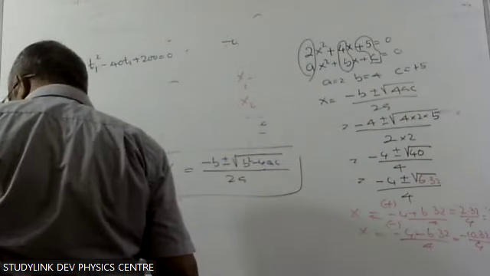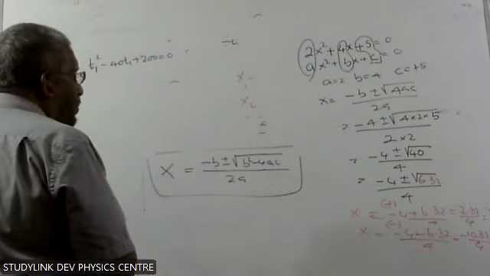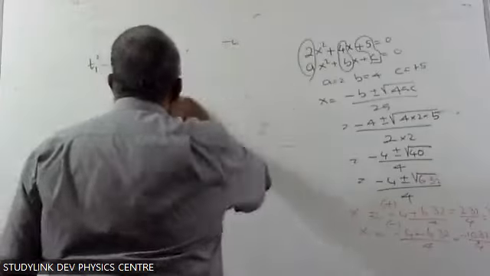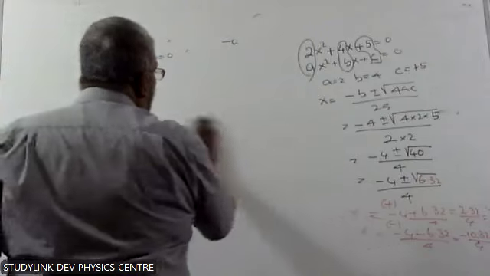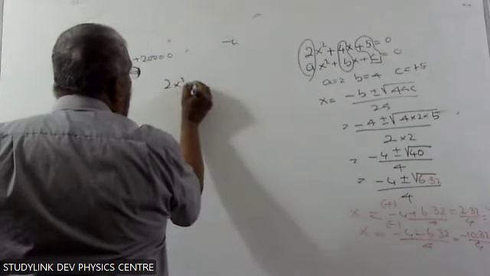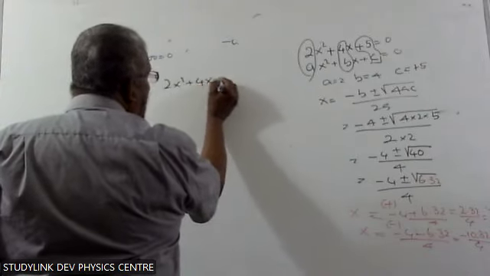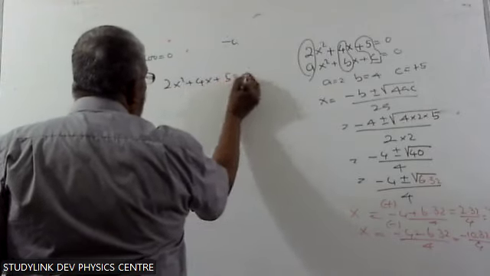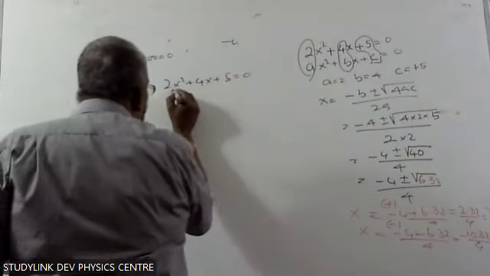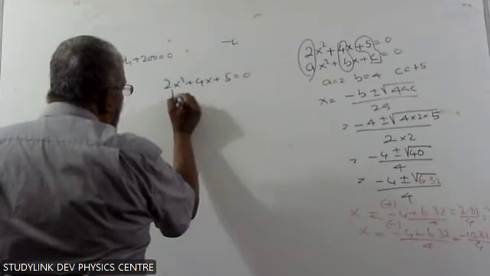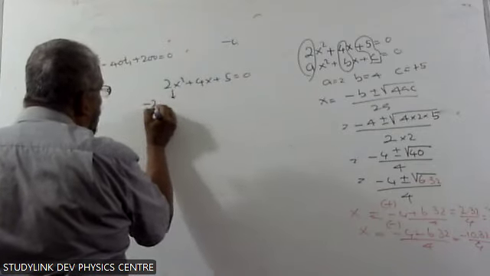But here, the same question you can do using completion of squares. See, completion of squares. This is the way. 2x squared plus 4x plus 5 is equal to 0. Now you have to make this 1, so you have to divide it by 2.